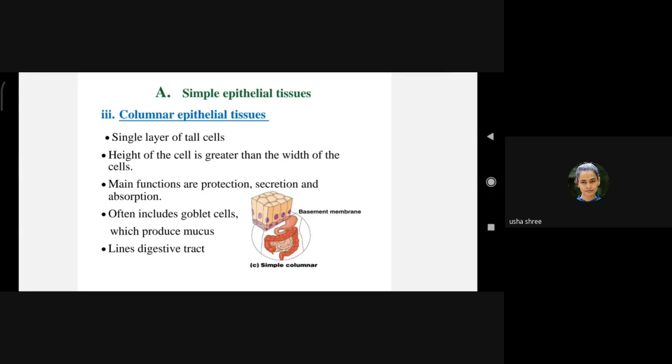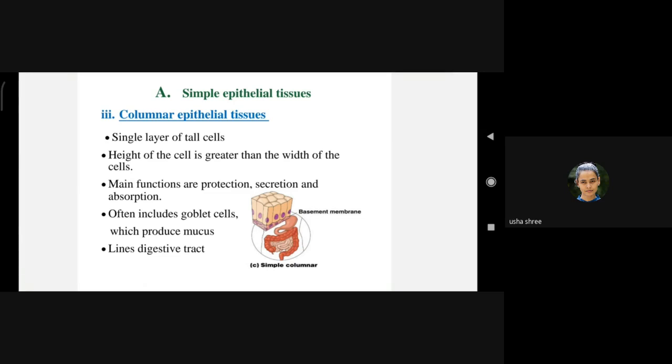The height of the cell is greater than the width of the cell. Main functions are protection, secretion, and absorption. It often includes goblet cells, which produce mucus. Mainly, goblet cells are found in columnar epithelium only.